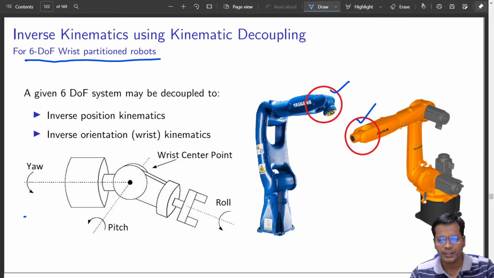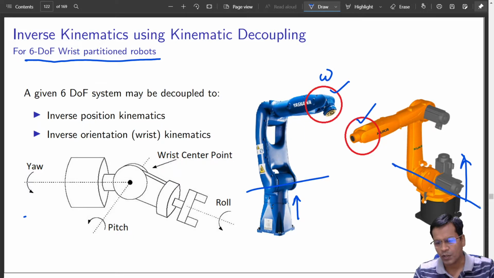Before the wrist center point, you have the first vertical axis of rotation, next this axis of rotation, next this axis of rotation again. Mostly these two are parallel.